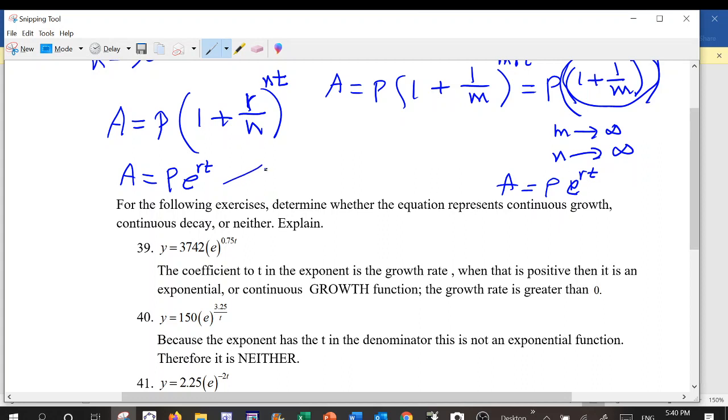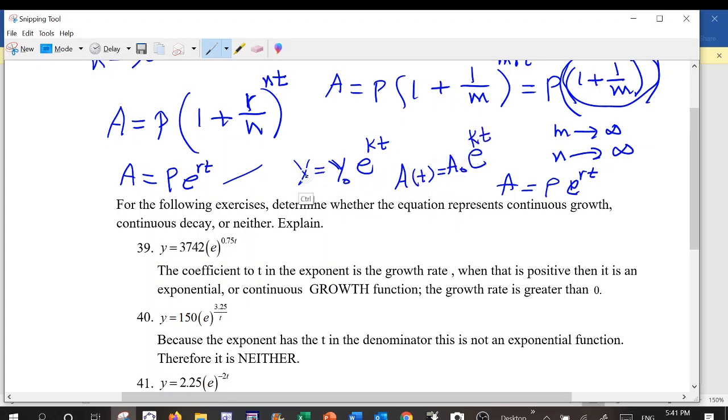So here, people also like to write it this way. They can write it like y equals y sub 0, and then e to the kt. Sometimes you see it like that. Or you can see it like A of t equals A sub 0, and then e to the kt.